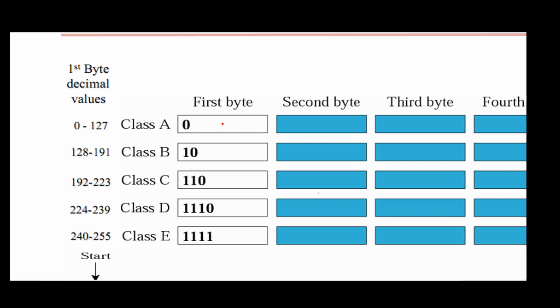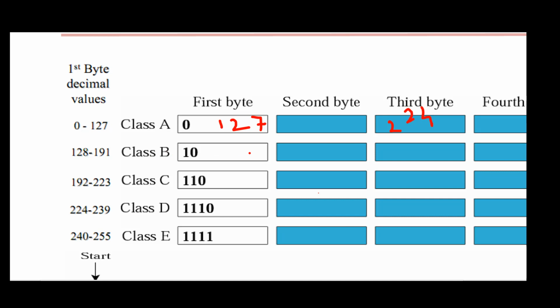So here we have 2 to the power of 7, that is 127 networks, and the remaining bits will be around 2 to the power of 24. That many hosts will be there.